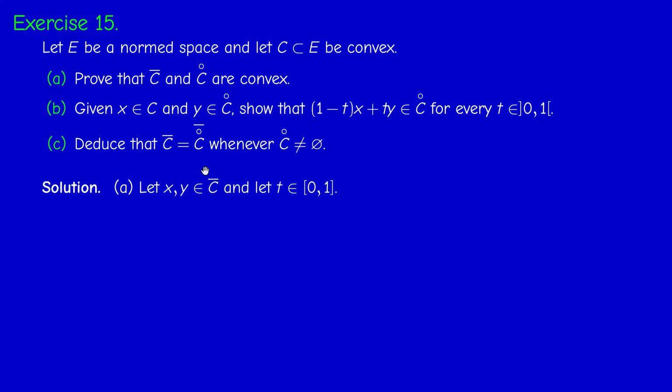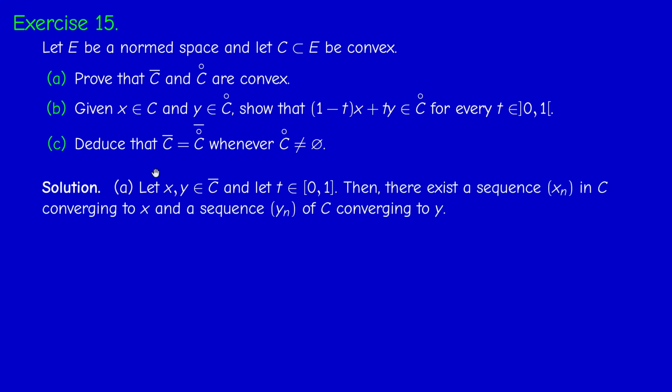So first question: how do I prove that C bar is convex? I go back to the definition. I take two arbitrary points x and y in the closure of C, and I pick any element t between 0 and 1, and I have to prove that any convex combination of x and y is in C bar.